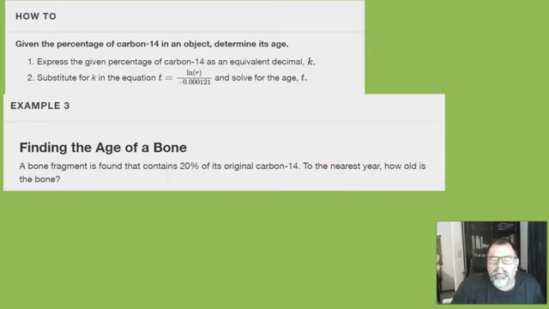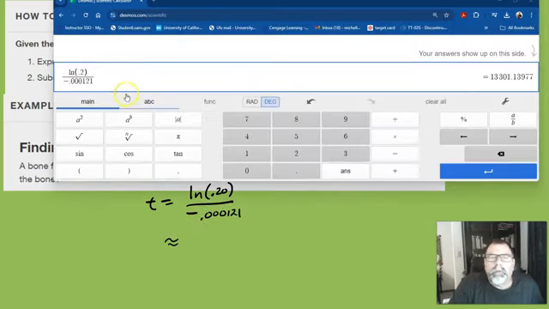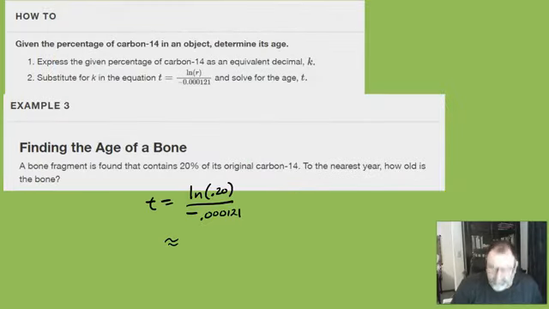Again, we're going to plug in the ratio, 20% of the original, or I'll just do 0.2, and then just type this in our calculator, and then we can approximate it. Okay, so it is 13,301 years old.